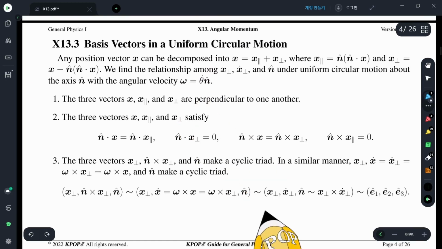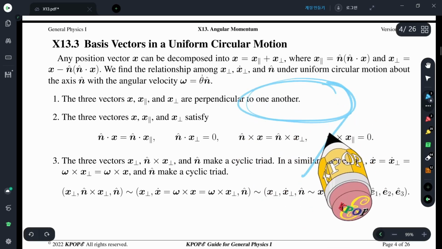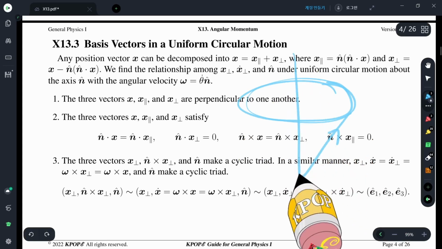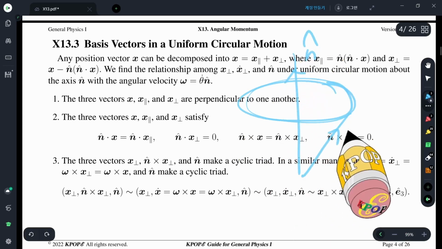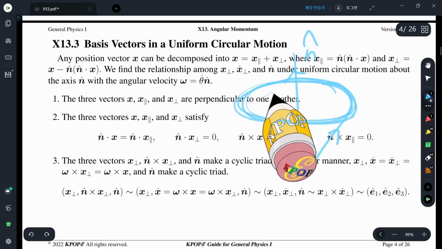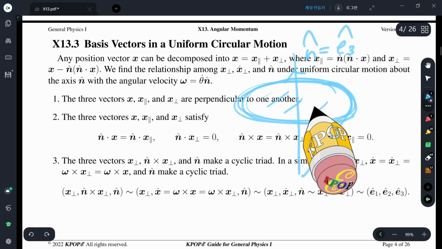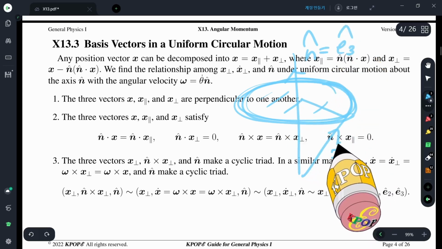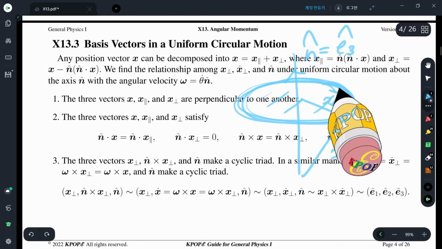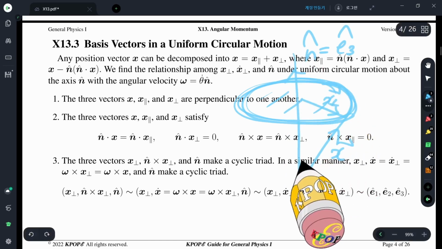Basis vector in a uniform circular motion, we have derived everything. The plane, axis of rotation n hat, it is rotating on a surface that is normal to this plane. This is E3 hat. The original x vector has x perp direction perpendicular to axis of rotation.